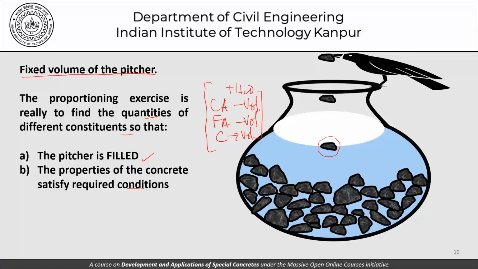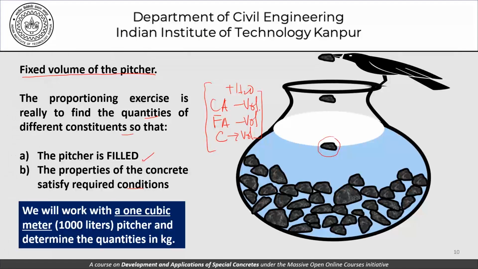As far as this lecture and this series of lectures is concerned, we will work with a 1 cubic meter or 1000 liter pitcher and determine the quantities of coarse aggregate, fine aggregate and cement in kilograms, because that is much easier to measure than volumes, especially the absolute volumes.